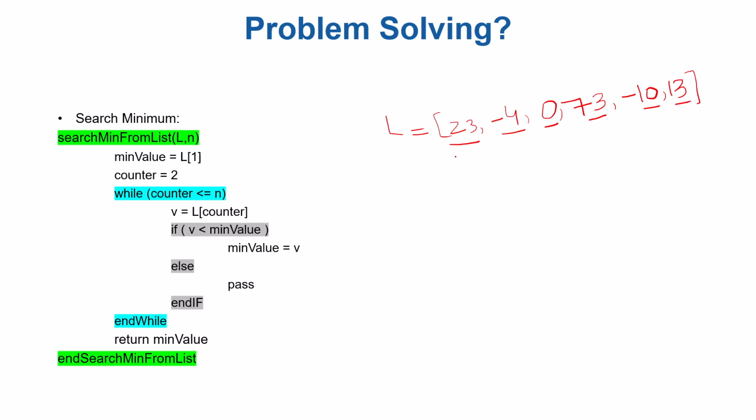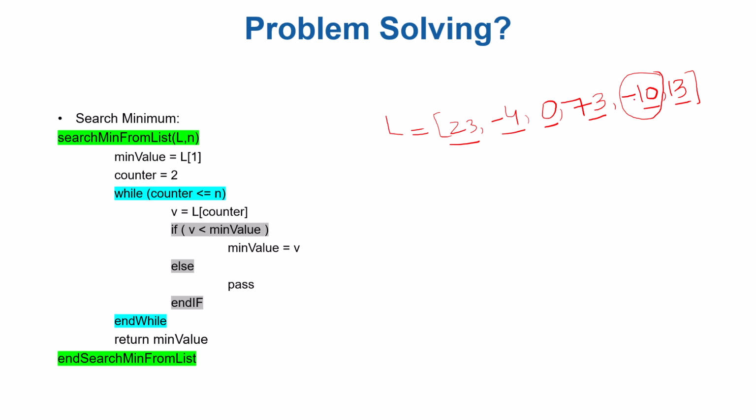Well, first of all, why does this problem have multiple instances? We need to come up with a solution that works for any list. For example, if the list has these 6 values, then the procedure should find the minimum value in this list. The minimum value out of all the values is minus 10, because minus 10 is smaller than every other value. 23 is bigger, minus 4 is smaller than 23, 0 is bigger than minus 4, because a value with a negative sign is smaller than a value with a positive sign.